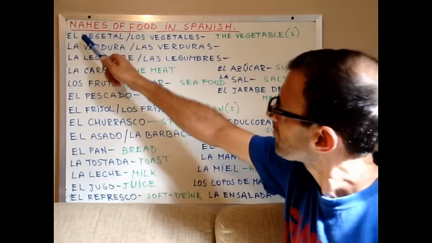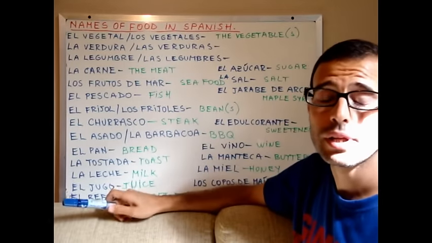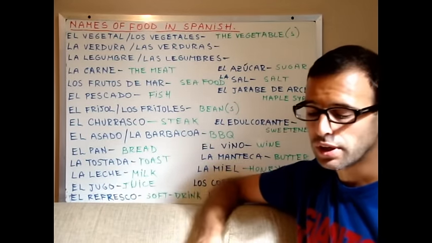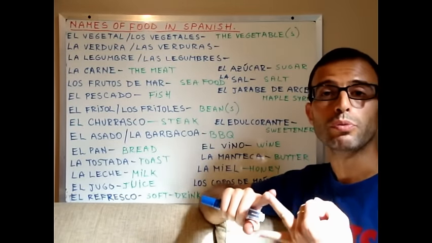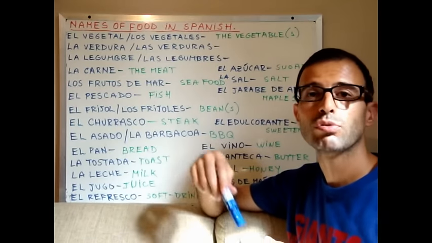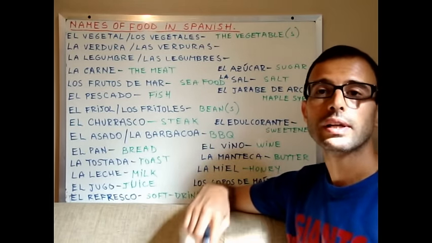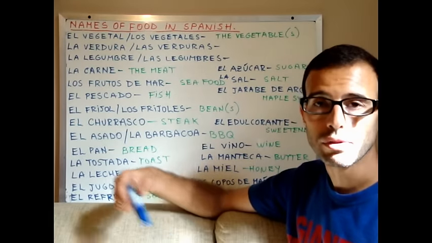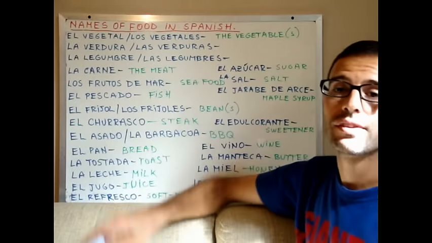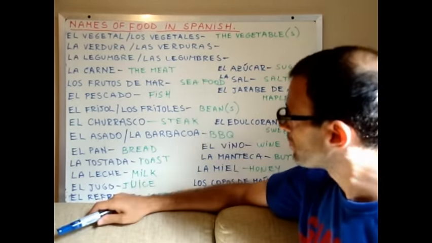For example, el vegetal or los vegetales for the plural means vegetables, in the sense of including fruits, including roots like potatoes, turnips, onions, sweet potatoes, and also spinach, lettuce, cauliflower, and all those. That is vegetal or vegetales. It's the broadest of all the categories for vegetables.